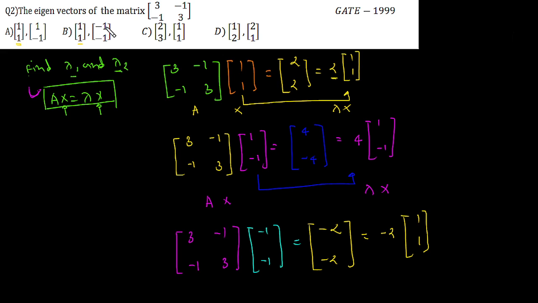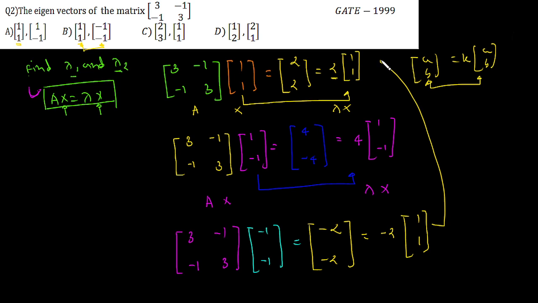Look here, it is the same eigenvector, because we have just multiplied by minus 1, and we know that if any AB is an eigenvector, then KAB is also an eigenvector, but it corresponds to the same eigenvalue. So we cannot say it is two distinct eigenvectors, because it is just a scalar multiple of this first one. So this last one and this first one are just the same eigenvector, but multiplied with a minus sign.